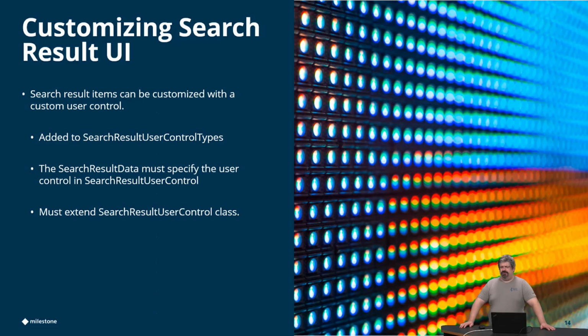And then the search result data item that you returned in your search results ready event must specify the corresponding ID of the user control type that it wants to use if it wants to use a custom one. And the custom control must extend the search result user control class in order for us to be able to interact with it.